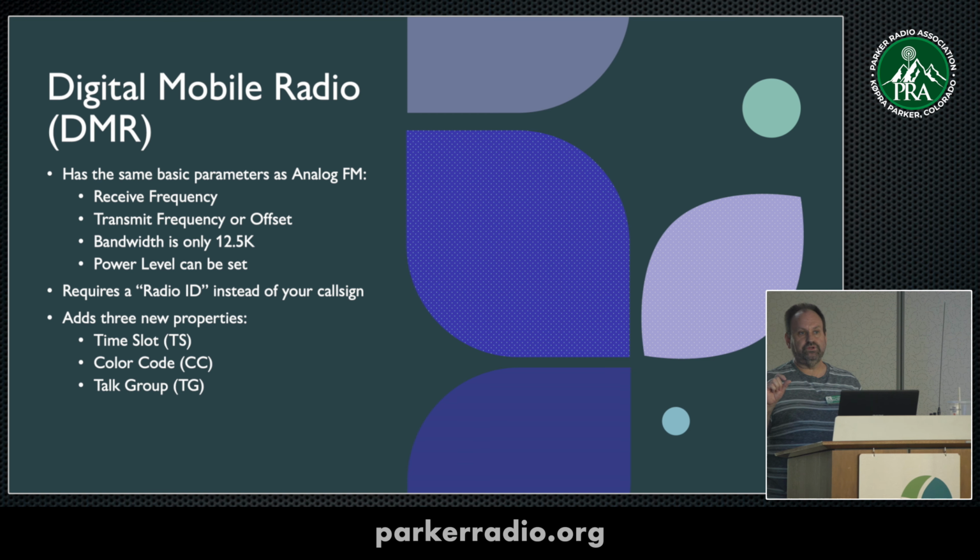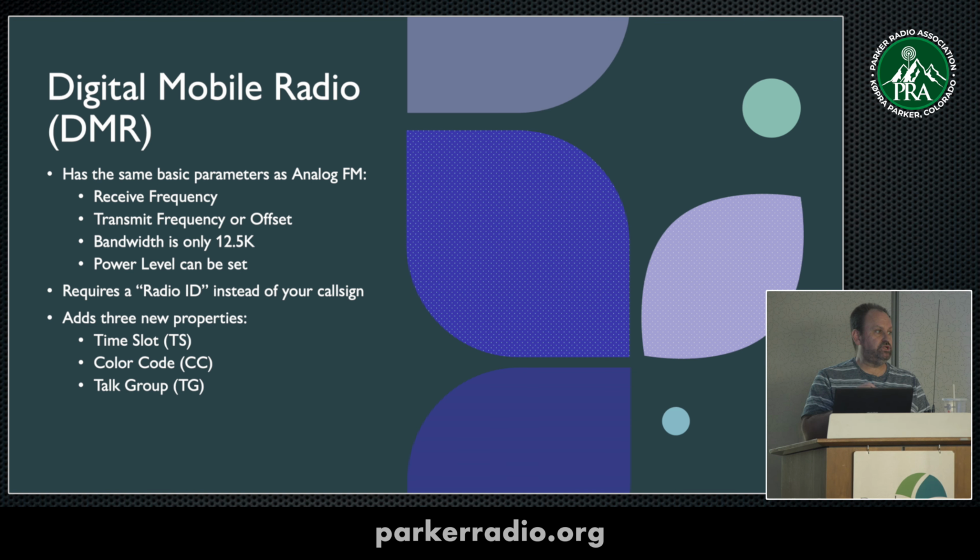It's a filter to only open the repeater intentionally when it receives the right code. And then we have to set a talk group so that the DMR radio knows who we're trying to talk to when we connect. So let's look at these in a little more detail.